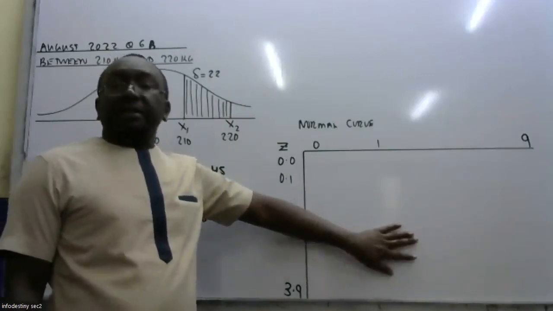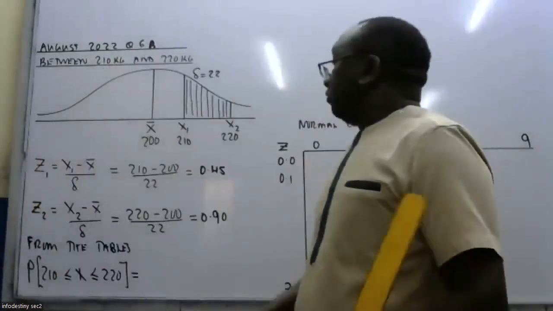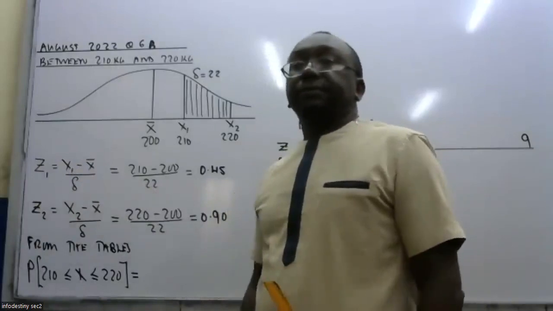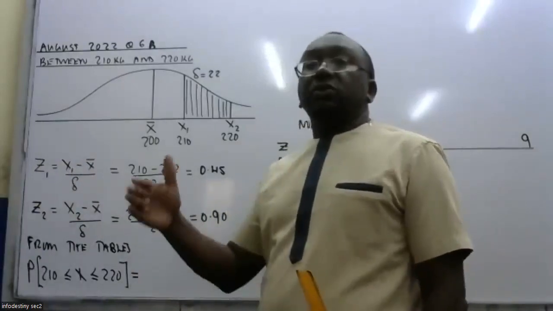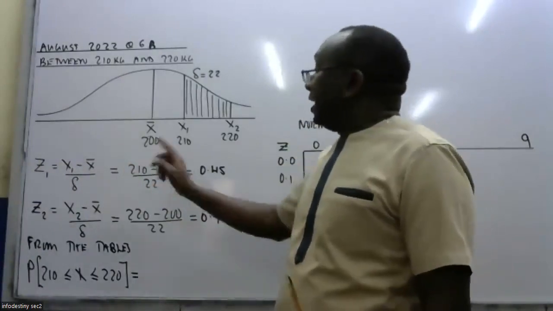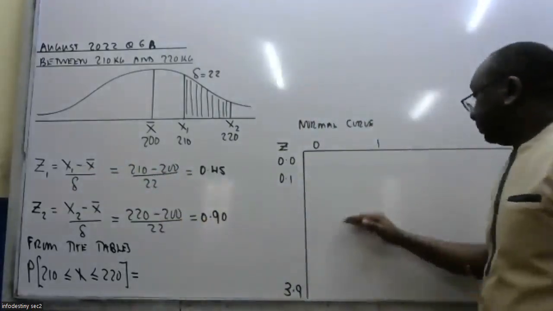These are probabilities of the interval between your xi and x bar. I'm saying xi because you can have x1, x2, whatever number of x's. So the probability of the interval between your x bar and your x.